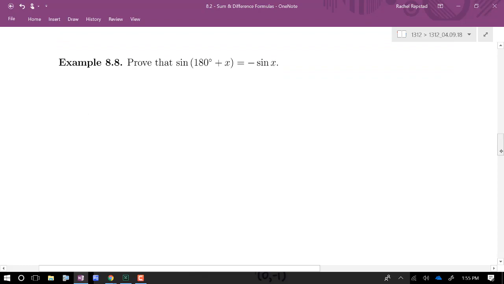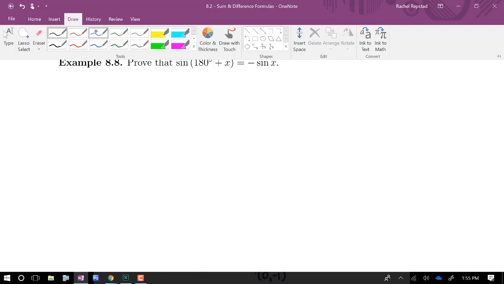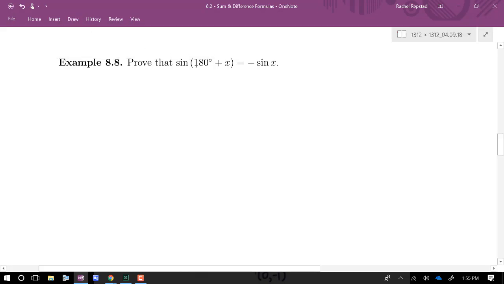Now we're going to show, it's another proof, that sine of 180 plus x is equal to negative sine x. Aside from the fact that this problem is in the section on sum and difference formulas, I might have the inclination to check out those formulas just because I have a sum inside this sine function.